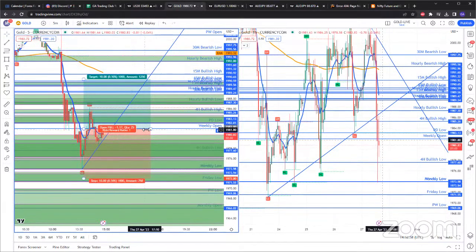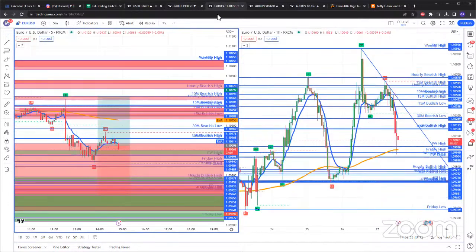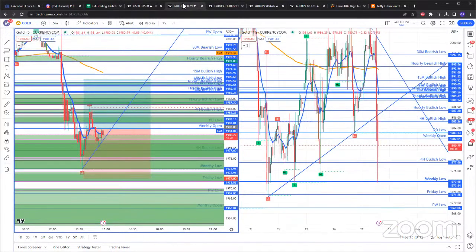So if you don't feel comfortable holding this position, you can get out at break even, because I think price is in and out of break even right now. On EU, we have a lot of bearish zones, a lot of supply zones. So EU is the opposite of gold for now, as much as they move equally sometimes.